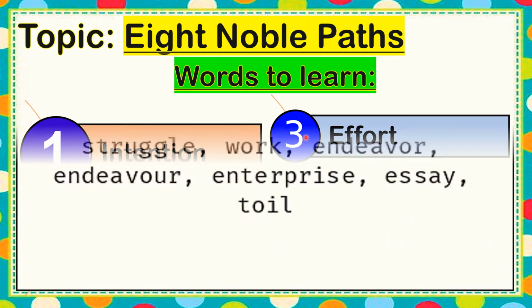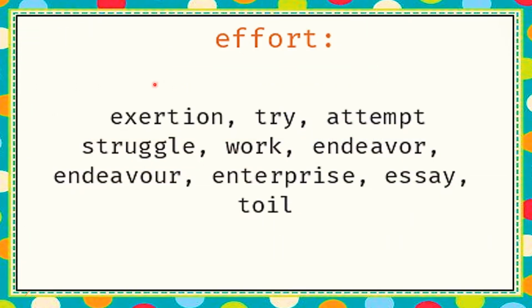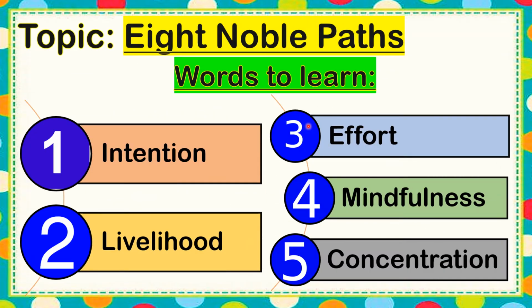The third word is effort. Effort means exertion, to try, attempt, struggle, work, endeavor, enterprise, essay, and toil. So here, class, the meaning of the word effort means to try or to attempt until you were able to attain the goal that you set for yourself.